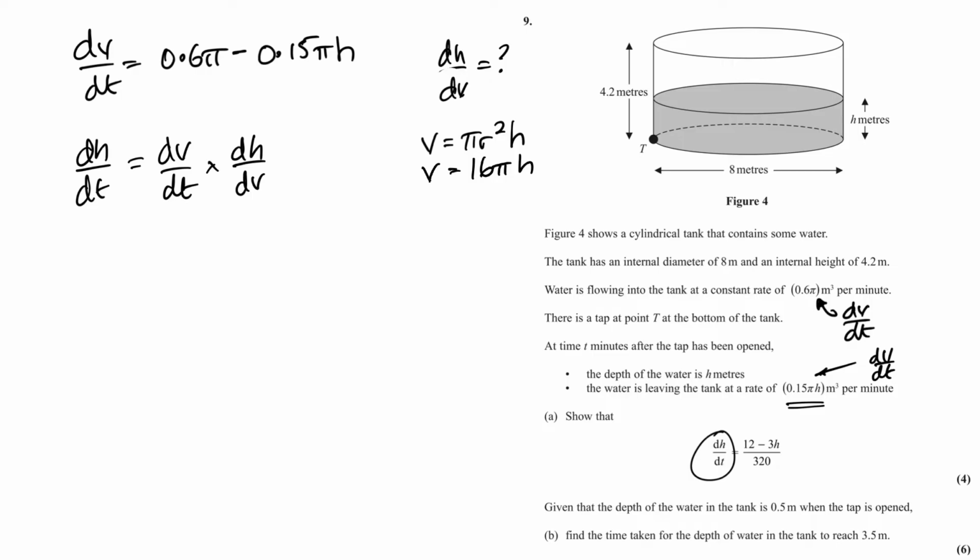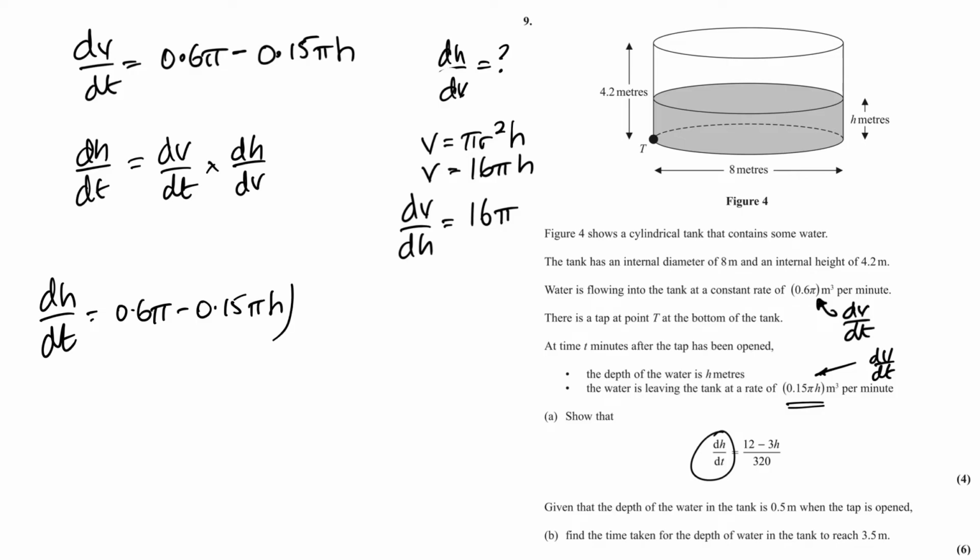And if I differentiate this, I get dV by dh is 16 pi. Now I've got everything I need. dh by dt is dV by dt, which is my 0.6 pi minus 0.15 pi h. And my dh by dV is this inverse, isn't it? So it's times 1 over 16 pi.